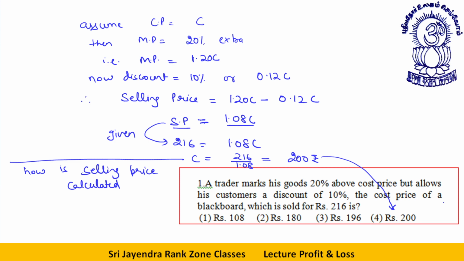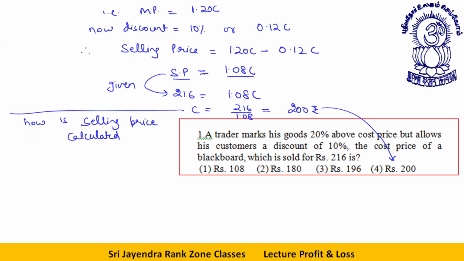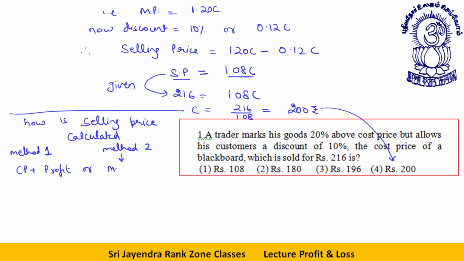It is calculated by two ways. Method one: CP plus profit. Method two: mark price minus discount.